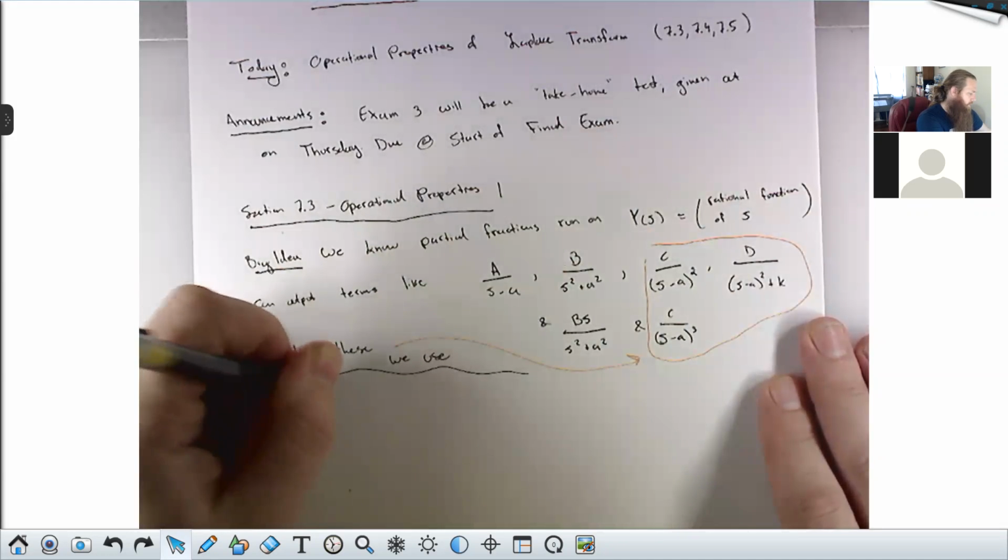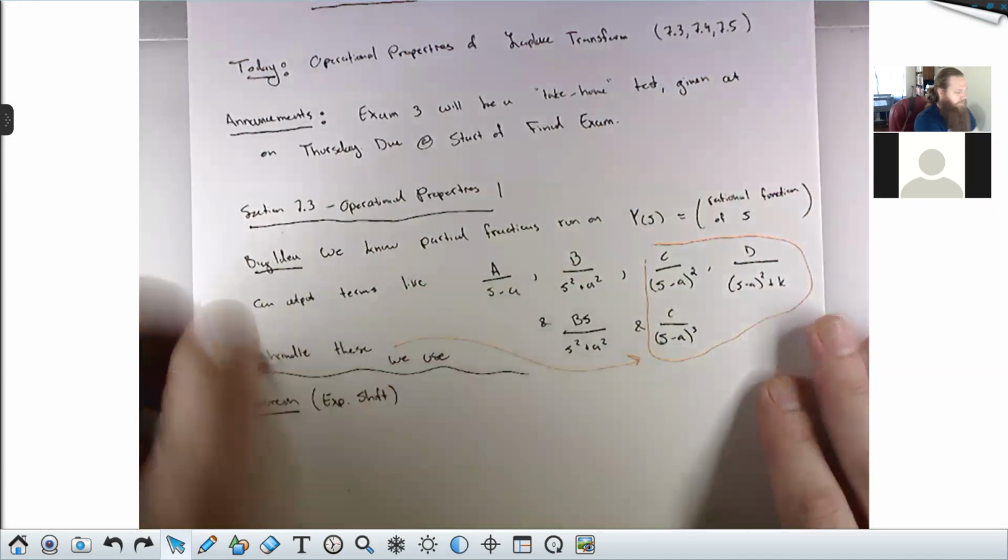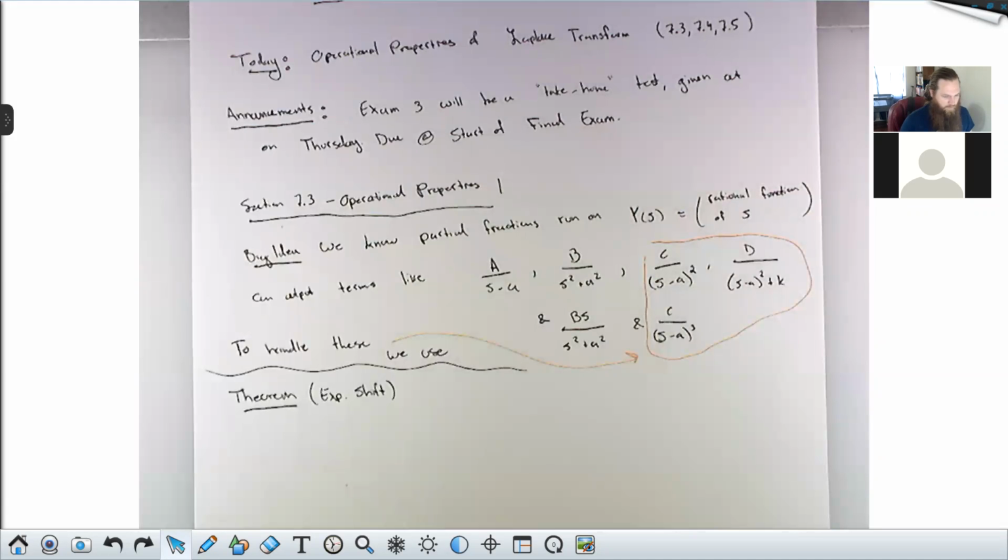I've always known this as the exponential shift theorem, but your book calls it the first translation theorem.